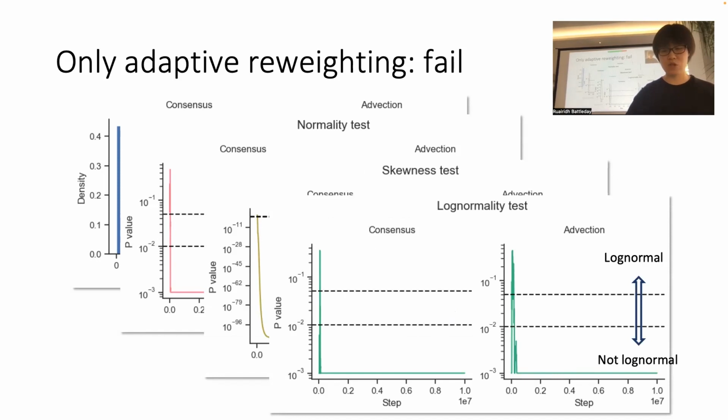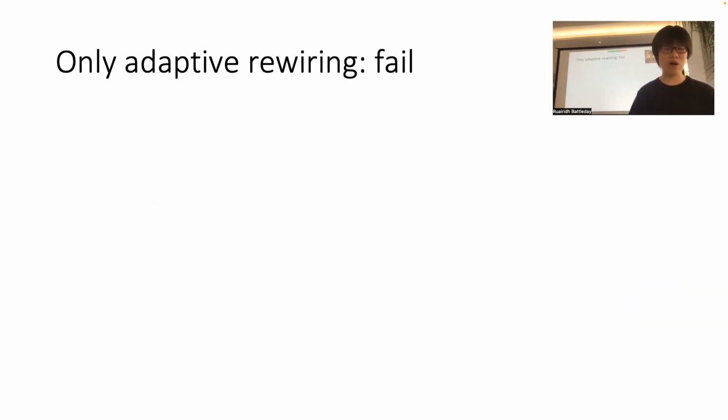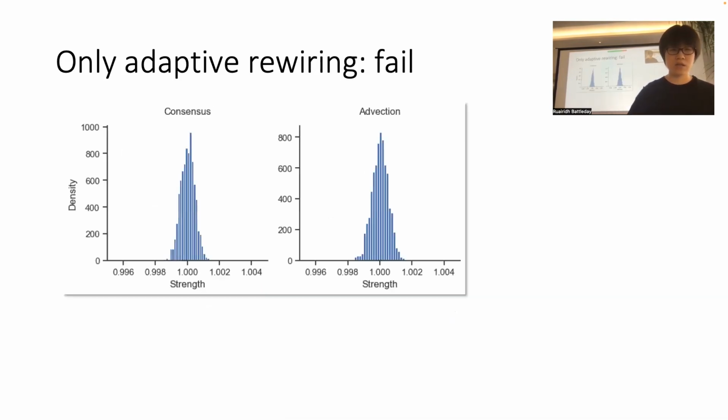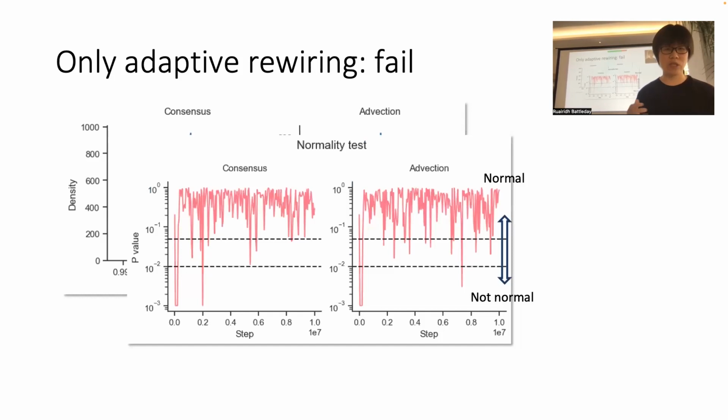Then we try using only adaptive rewiring, while the strength increments obtained from adaptive reweighting are randomly shuffled across all connections. In this case, the connection strengths shrink toward 1, and the strength distributions are compatible with normal distribution.